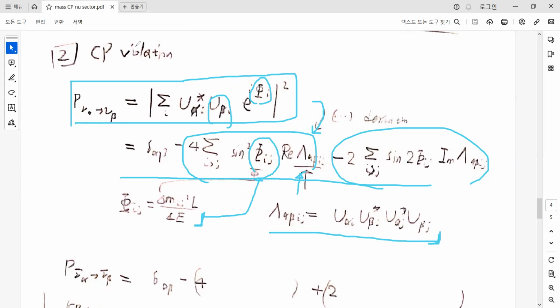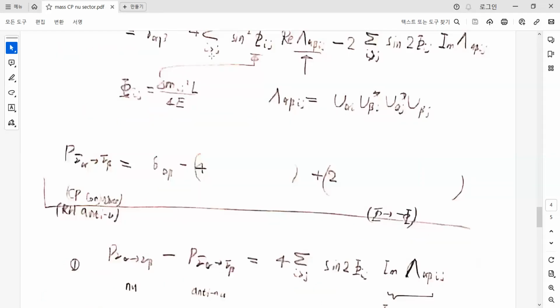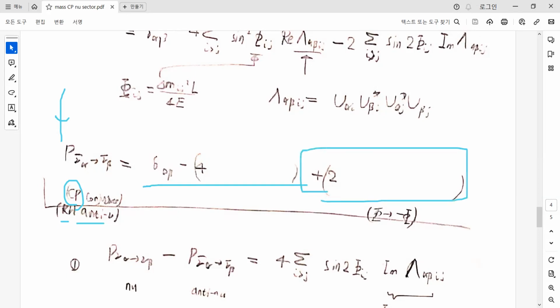And if we do the CP conjugation, this mixing probability for the right-hand is the anti-neutrino. The second imaginary term changes sign because the mixing phase has a minus sign by the CP conjugation.